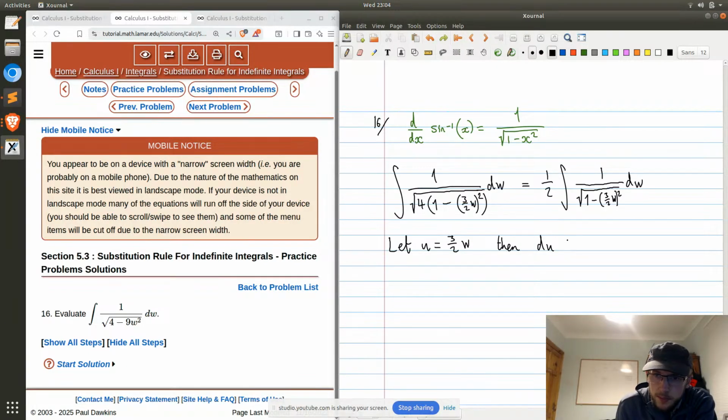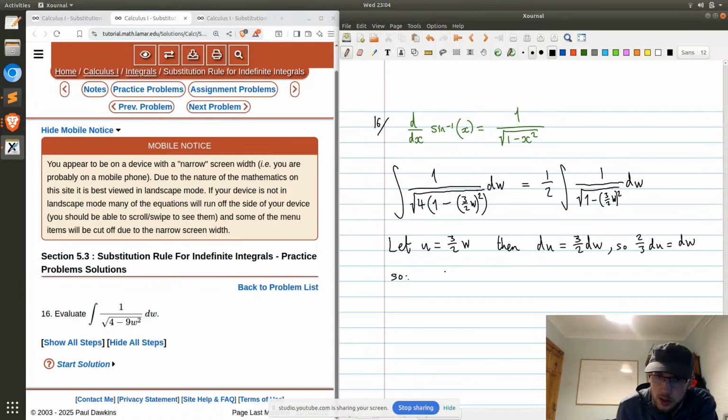Whoops. And what do you make of that? So that is 2 over 3 du equals dw.